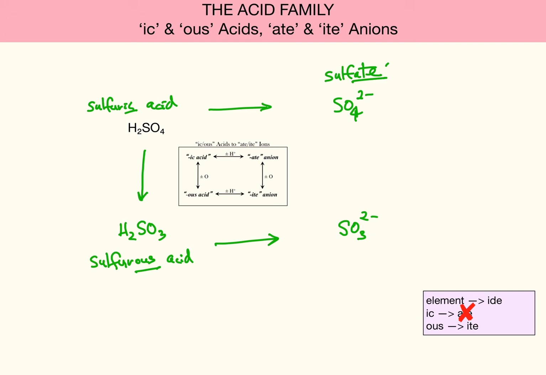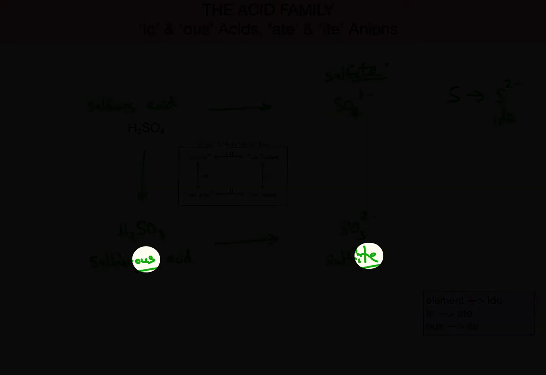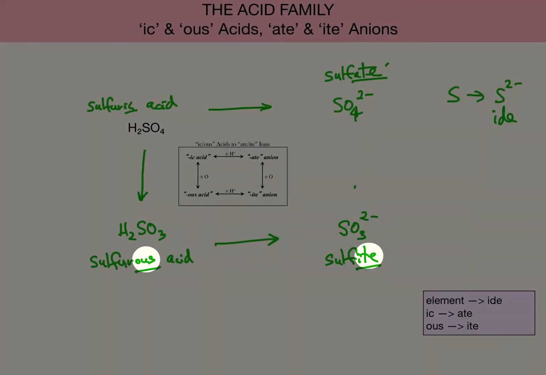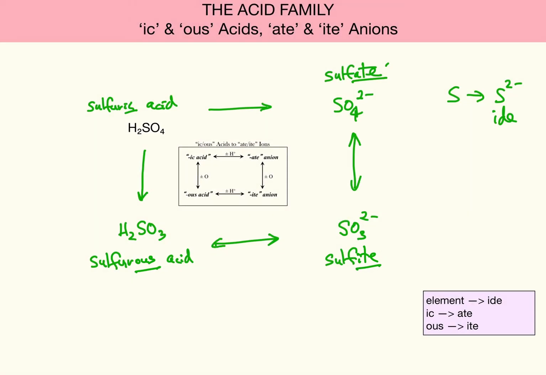No, we can't do that because when an element goes to a charge, that's where the ide ending is used. Well, what are we going to give it? We're going to call it ite. Just by convention, when an ous acid loses its protons, it's called sulfite. And so now you can see the relationship between all of those.